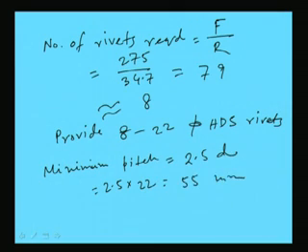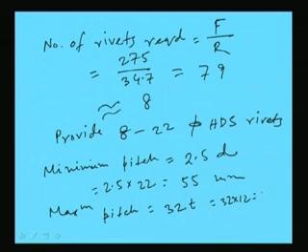The maximum pitch is also given in the code: 32 into T, that is 32 into 12, so 384, and this will be 32 T or 300, whichever is less. That means the maximum pitch cannot be greater than 300 mm. So, the maximum pitch is 300 mm.